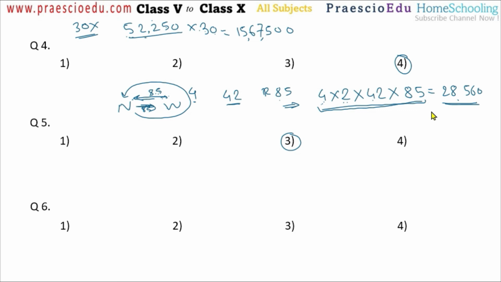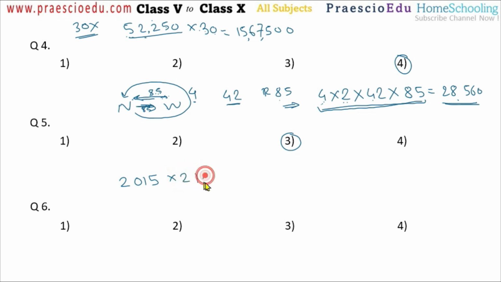Now, question number 6. In a vast farmland, how many saplings were planted in 215 rows if 210 saplings were planted in each row? So how many rows are there? There are 2015. In each row, there are 250 saplings.